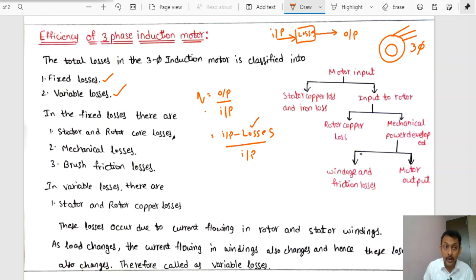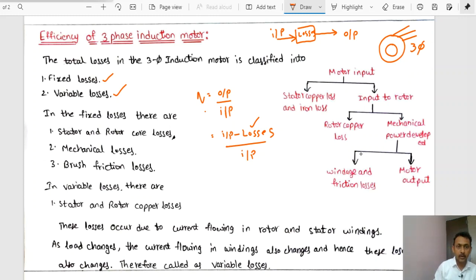Now out of the given electrical input, because of the winding present, there will be some amount of copper losses, and also there will be the core losses. So obviously there will be losses in the stator and rotor, right? Now as we are having a rotating part, we used to have some mechanical losses and also some brush friction losses. So these are the different types of losses.